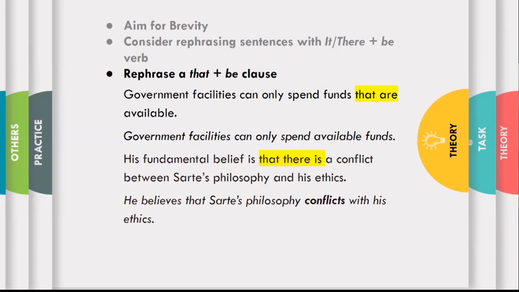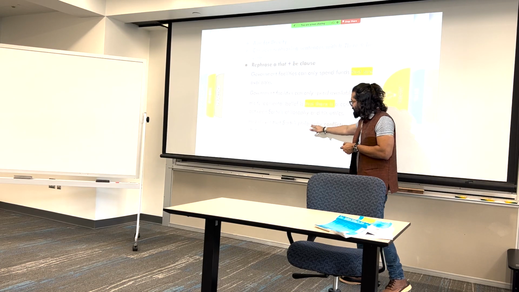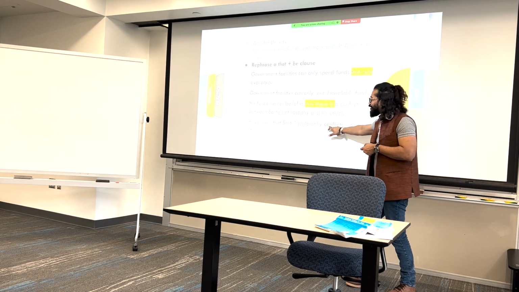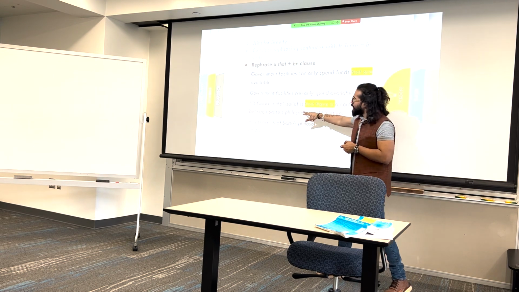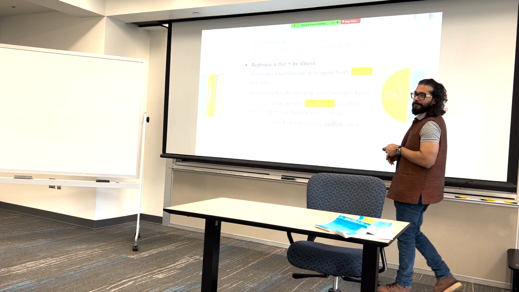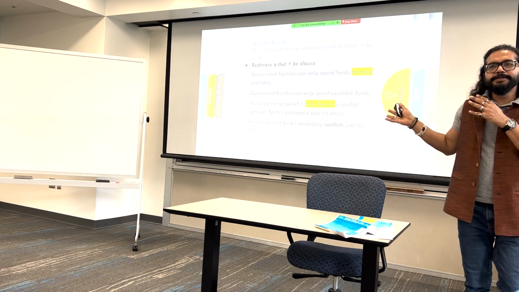So when we look at this sentence, it's grammatically correct, but in an academic paper, it's verbose. You could get rid of this structure, that, there, auxiliary. For instance: he believes that Sartre's philosophy conflicts, using conflict as a verb, rather than saying there is a conflict between Sartre's philosophy. Do the examples make sense?